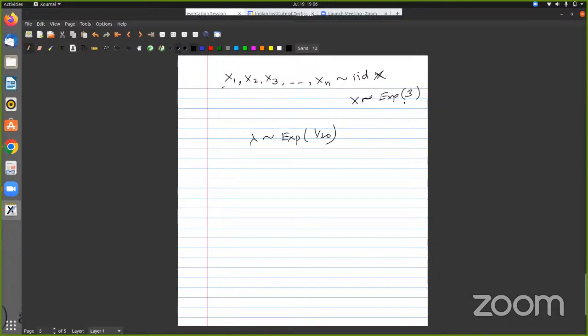But it is possible that this parameter itself is not a constant, it has some distribution, it is also varying, it is also a random variable. Let's say this random variable lambda has a distribution exponential 1 by 20. So this random variable x has distribution exponential lambda, but this lambda also has a distribution which looks like exponential 1 by 20.